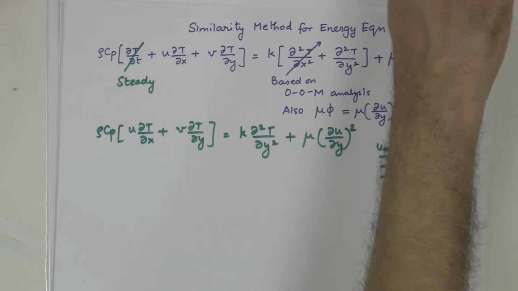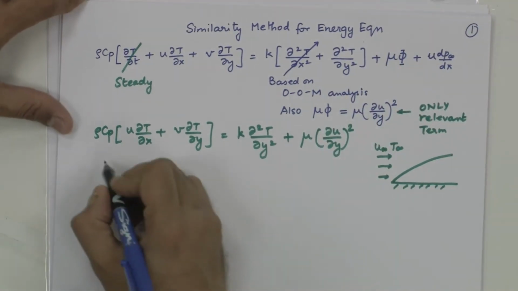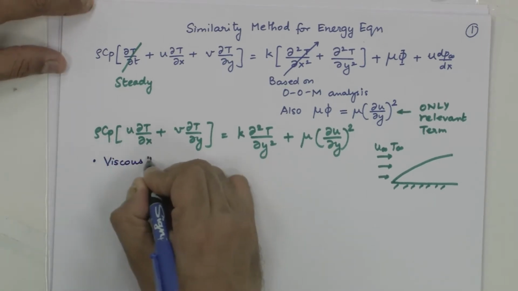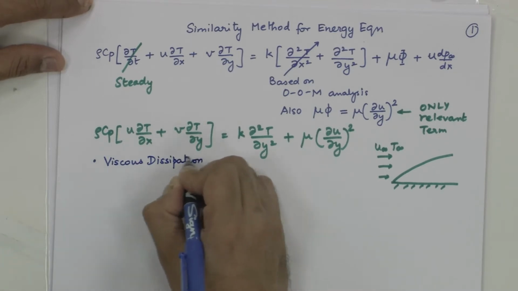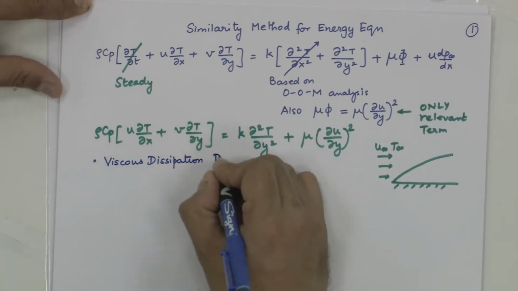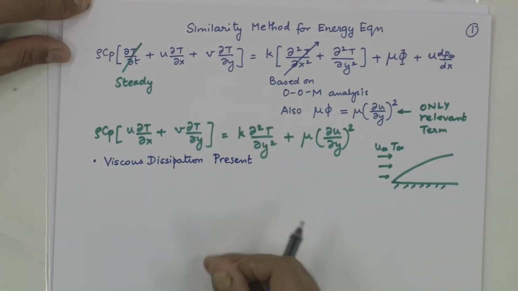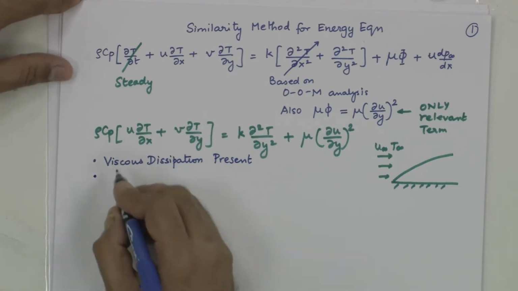So what are the other considerations we have? We are going to consider viscous dissipation as being present. This will make the analysis a little bit difficult. We will then make it 0 so that we eliminate the term and see the solution.